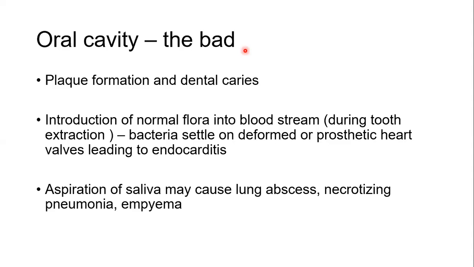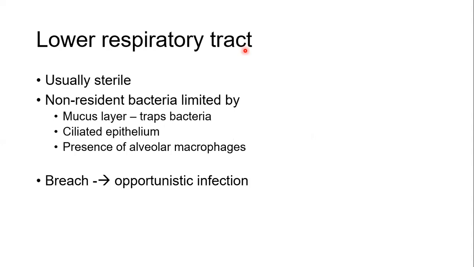causing that disease. Now, the lower respiratory tract is usually sterile, may not be absolutely, but even if it has any bacteria, they'll be very small in number. In the lower respiratory tract, the non-resident bacteria are limited by the mucus layer, which traps the bacteria.